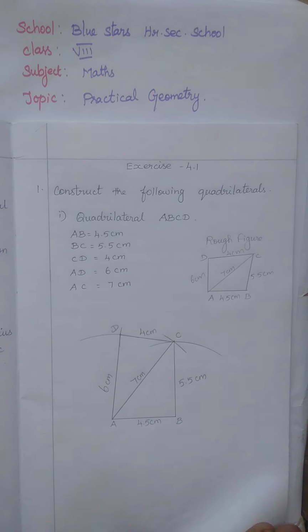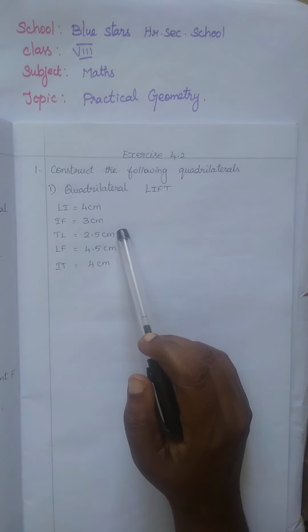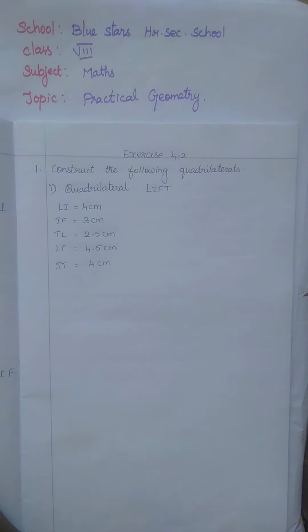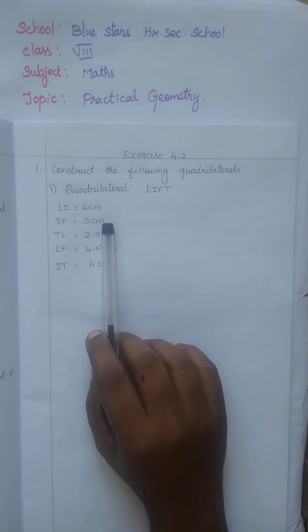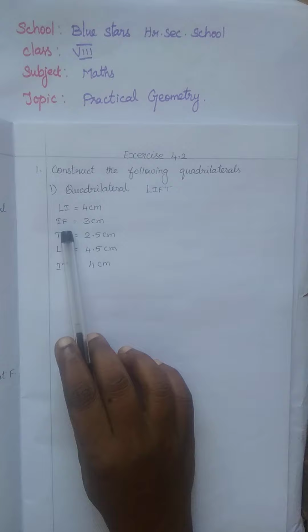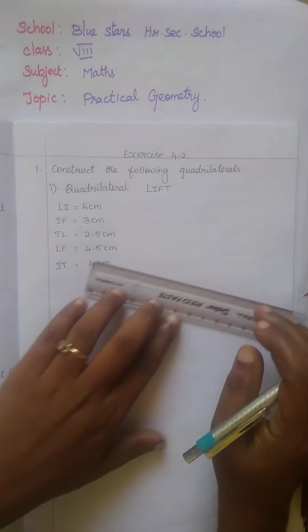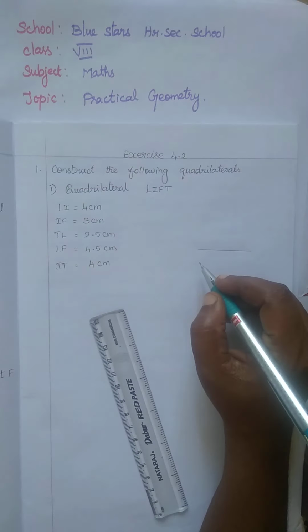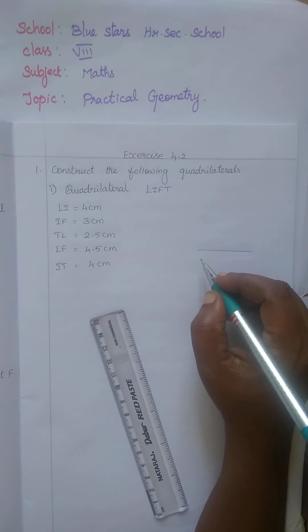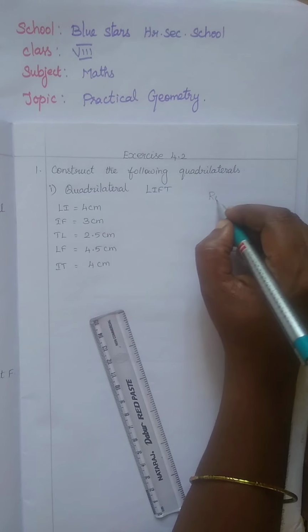But in this exercise, 2 diagonals and 3 sides are given. The question says quadrilateral LIFT. LI is 4 centimeter. We will draw a rough figure, then only can we identify which are the sides and which are the diagonals. So first, the rough figure.